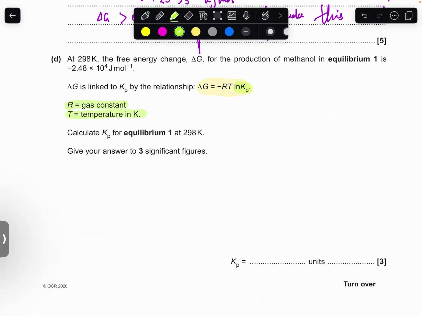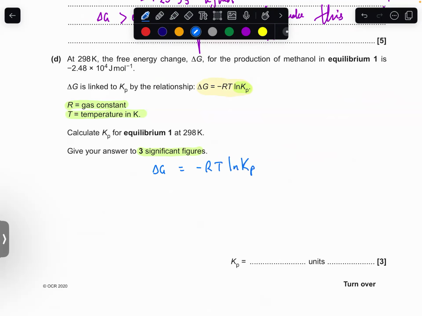It's asking us to calculate Kp for equilibrium 1 at this temperature. Give your answer to 3 sig figs. Let's have a go. Never done this kind of question like this before. Let's write this all down again. Delta G is equal to minus RT natural log Kp.